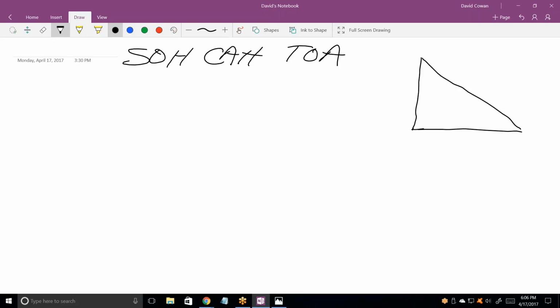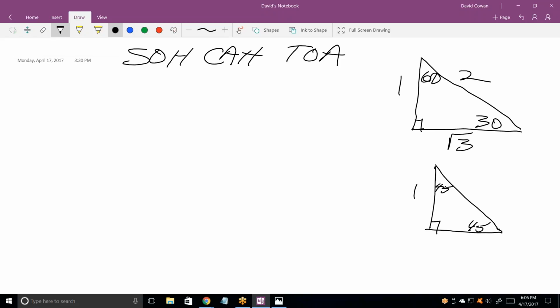Then I can show you how to convert any angle that's not in the first quadrant to a first quadrant angle. The secret is to memorize the first quadrant angles. These are the only 2 triangles you need to know, the same 2 triangles I've been working with you for 3 years.